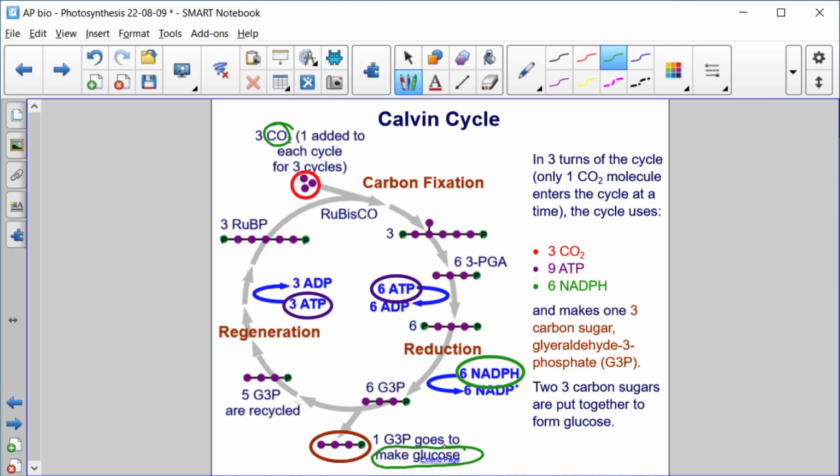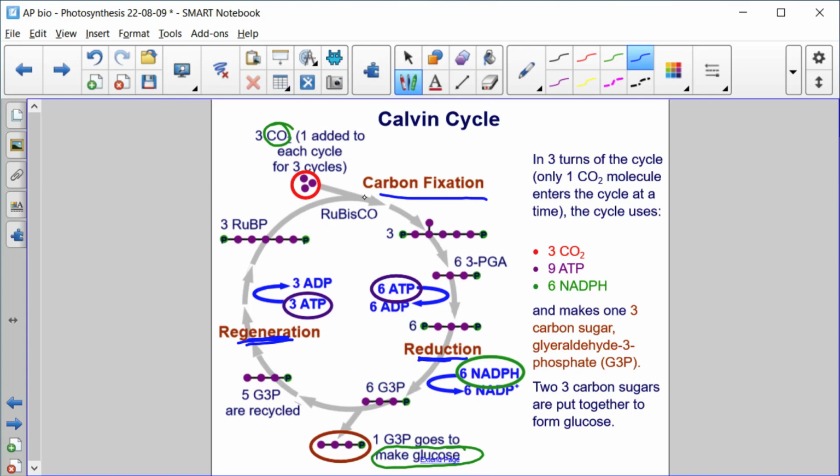So there are three main phases in the Calvin cycle: carbon fixation, carbon reduction, and then regeneration of the RuBP. The first phase, the carbon fixation, captures the carbon dioxide from the atmosphere so that it can be used in the reactions.